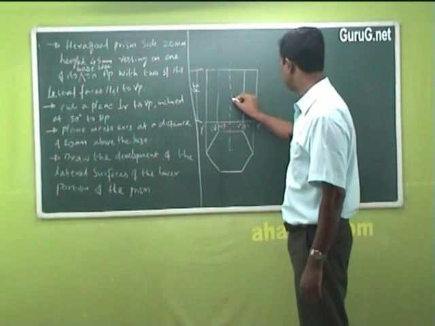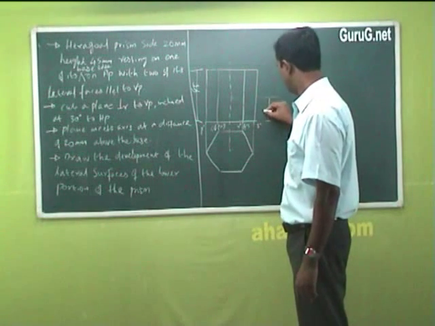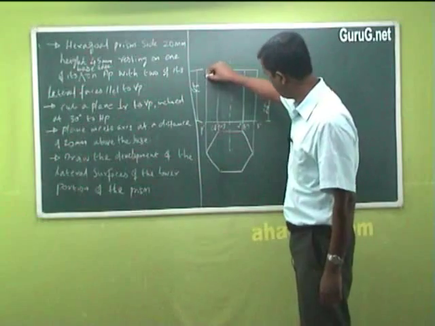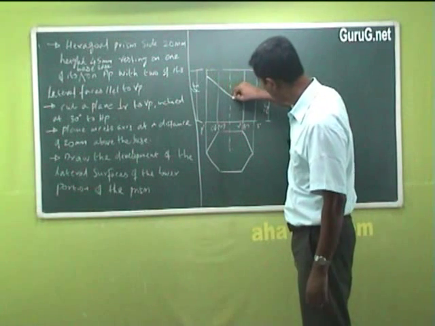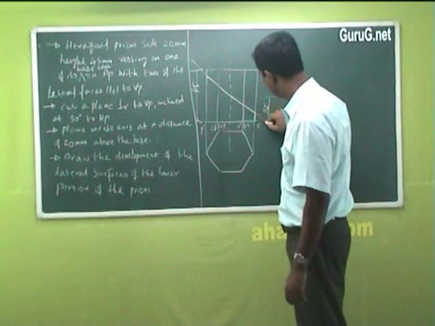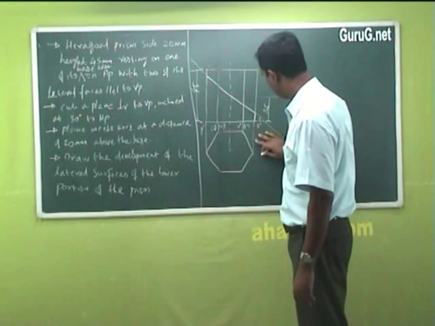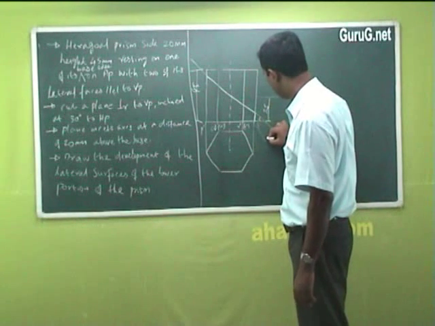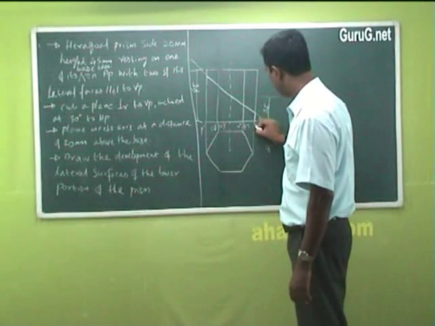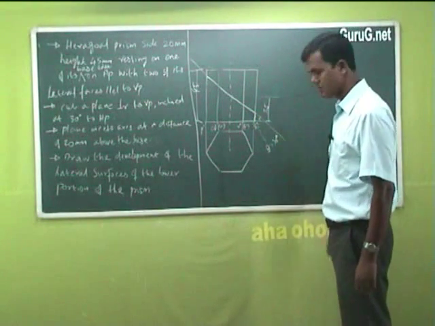Now the work is to cut a plane at the height. Suppose this is my axis. At this height I have to pass a plane. Probably it will come like this. This is my plane, and this angle is theta, 30 degrees.